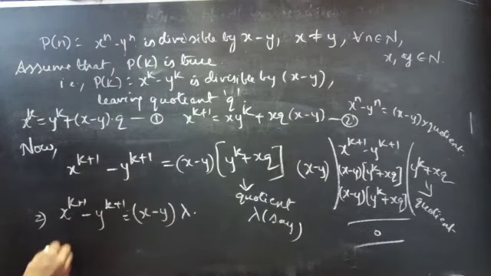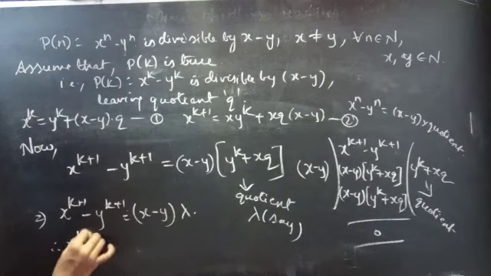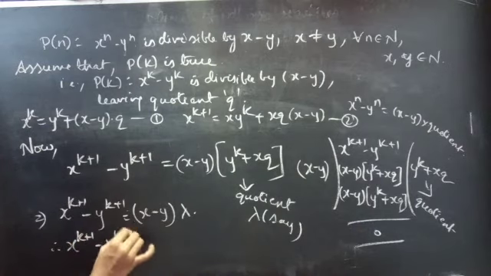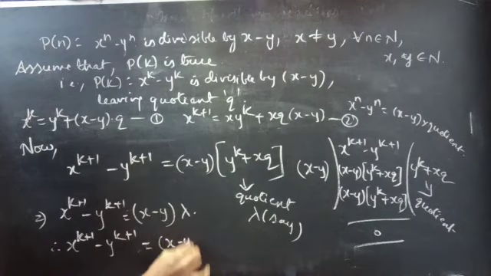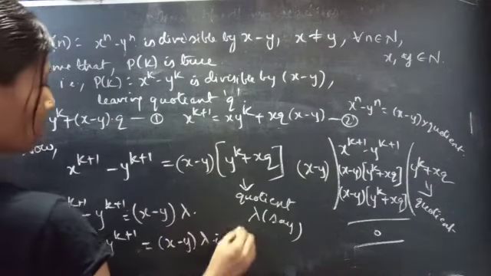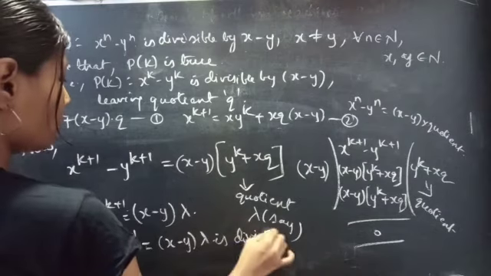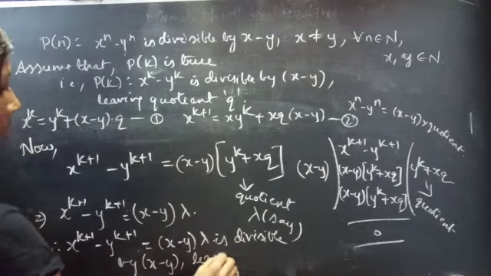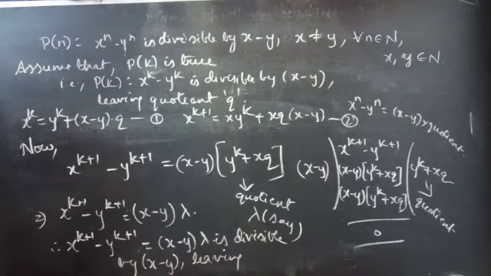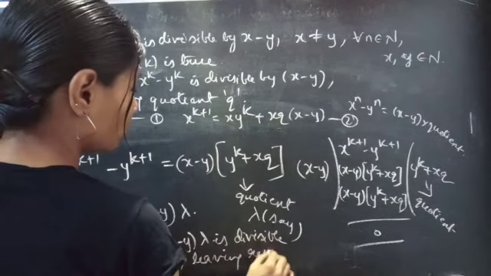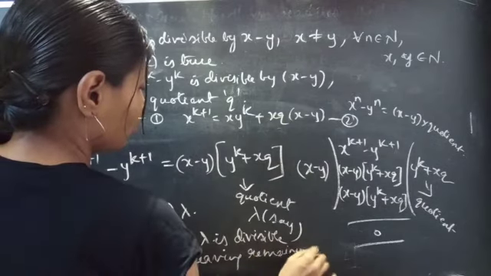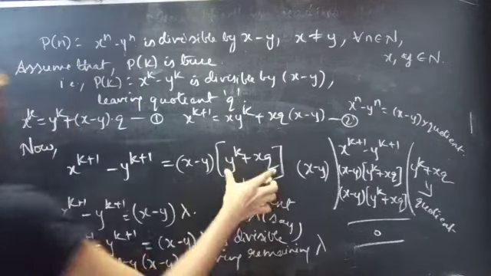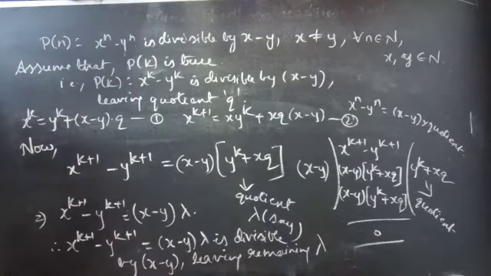So therefore x power k plus 1 minus y power k plus 1 equals x minus y into lambda is divisible by x minus y, leaving remainder lambda, or the terms under square brackets.